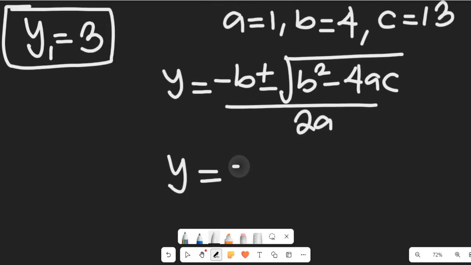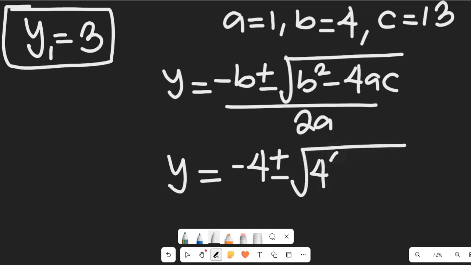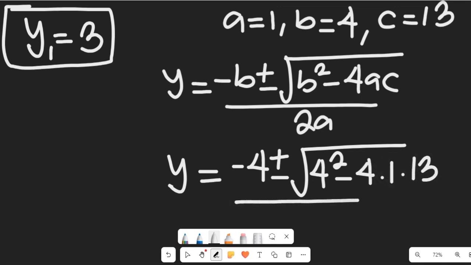We're going to have that expression to be equal to y equal to, b is 4, so we'll have negative 4 plus or minus the square root of 4 square minus 4 multiplying 1 multiplying 13, and all of this will be divided by 2 multiplying 1.